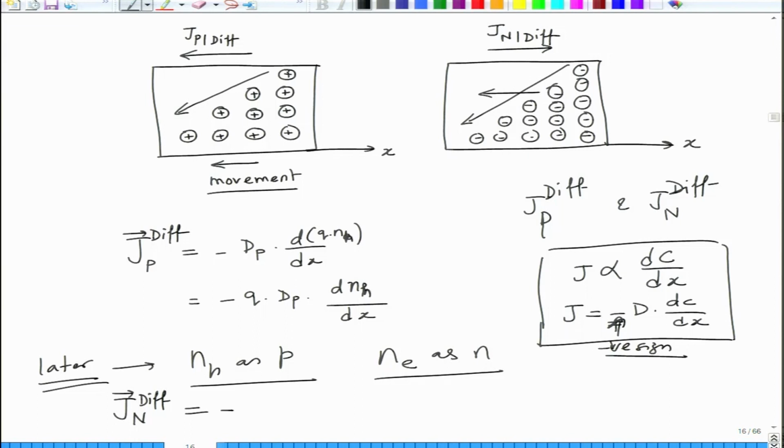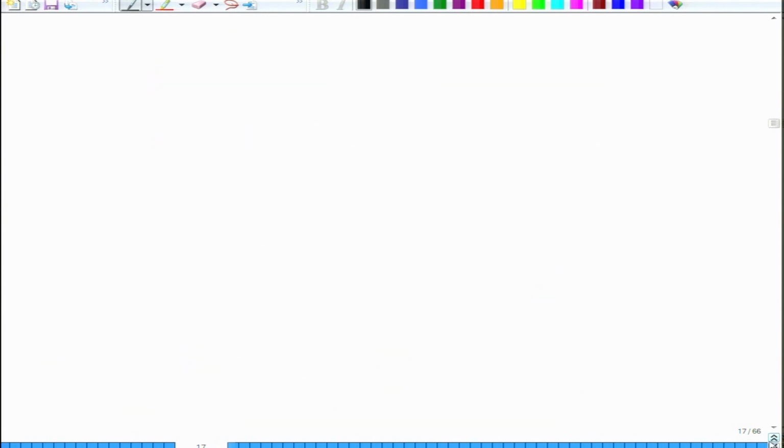So essentially the sign is now minus of minus q dne by dx. So this becomes q Dn dne by dx.